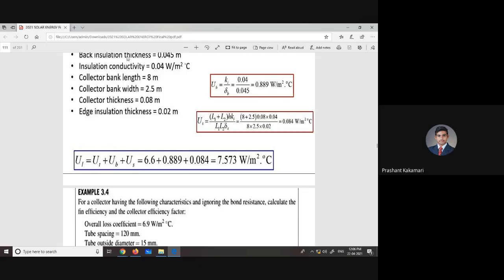As I told, the bottom side needs more thickness and the side can have less thickness. So L1 is length, again width, into 0.02 is the thickness of the side insulation, that is delta S. Once you substitute these values, I can get the side insulation. With side insulation, what is the overall loss of heat? That coefficient is 0.084 watt per meter square degree centigrade.